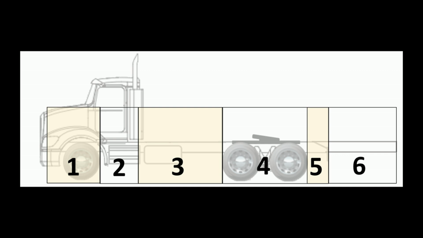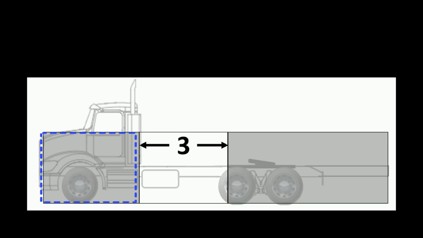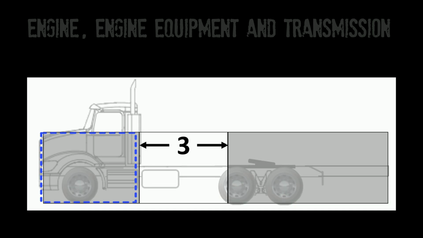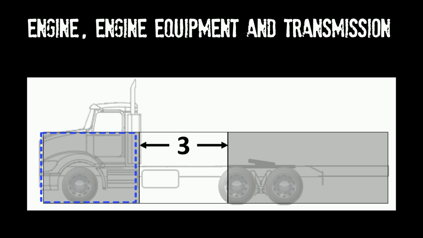The frame regions are loosely defined as front frame, under cab, center frame, rear frame, and end of frame. Each region contains specific components and responsibilities. Some chassis regions, like under the hood, are congested with components, while others are less populated.